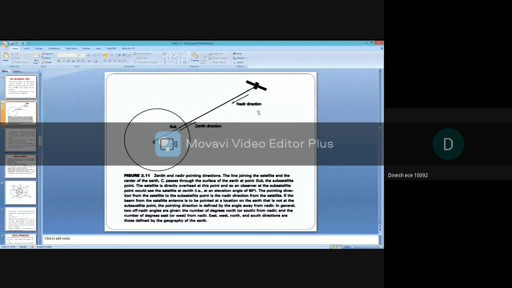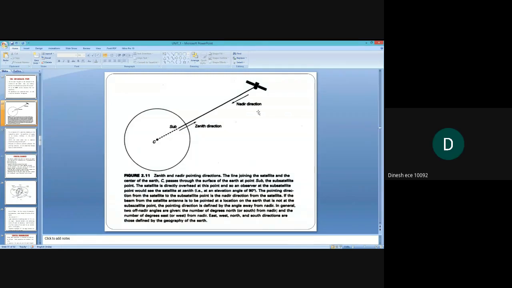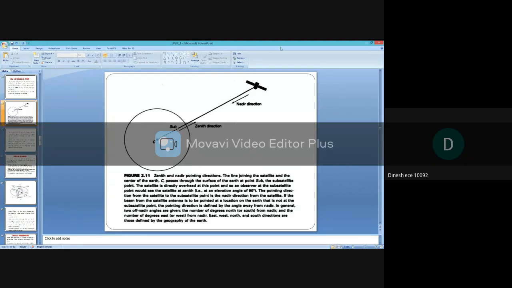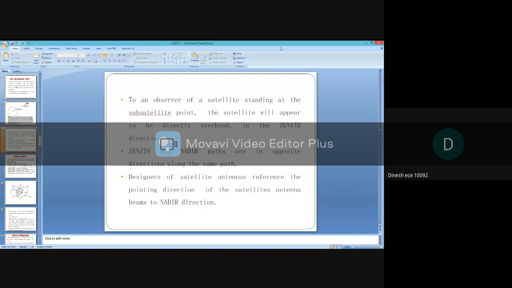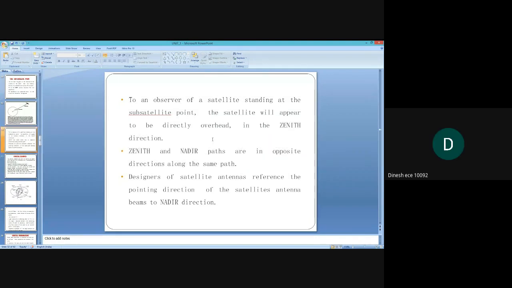The zenith direction is the direction from where the satellite and the center of the Earth passes through the surface. The nadir direction is the direction from the satellite to the point where the observer sits. So this is your nadir point. The zenith path and the nadir path are always opposite in direction along the same path.